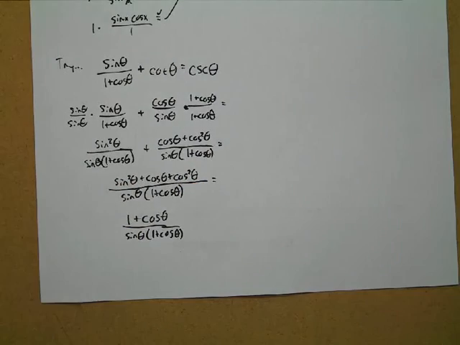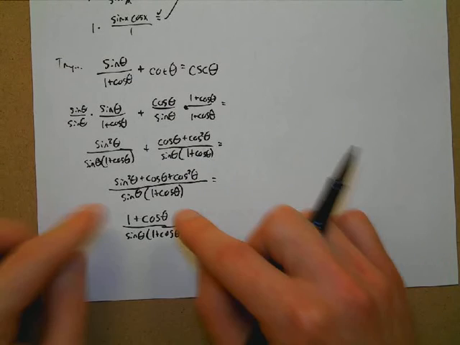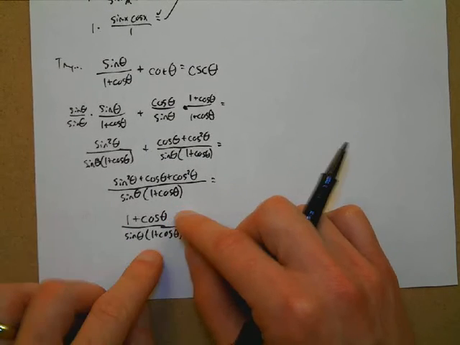We can rewrite it in such a way that, obviously, these things can cancel. It's 1, right? This fraction right here is the same as this fraction. Those cancel, and so we're left with 1 over sine theta. But what's 1 over sine theta? It's cosecant theta, which was our goal. So check. We're done.